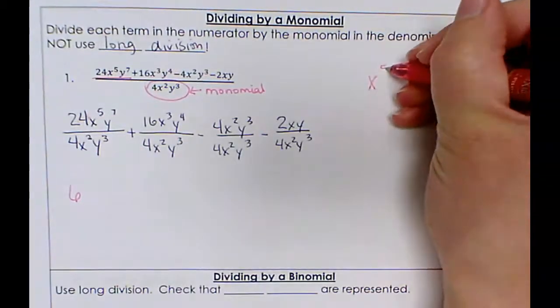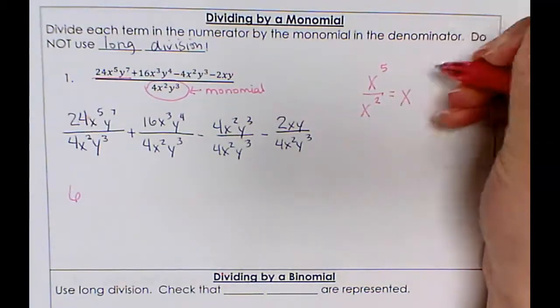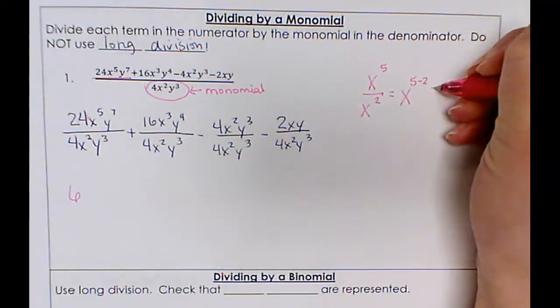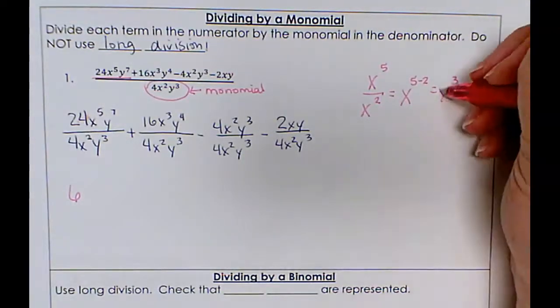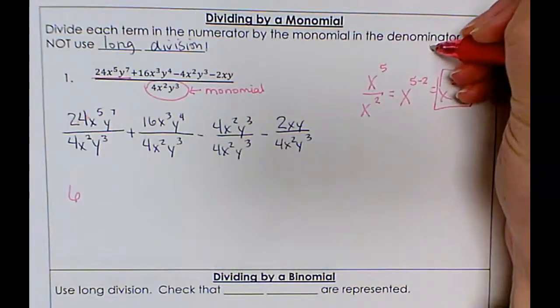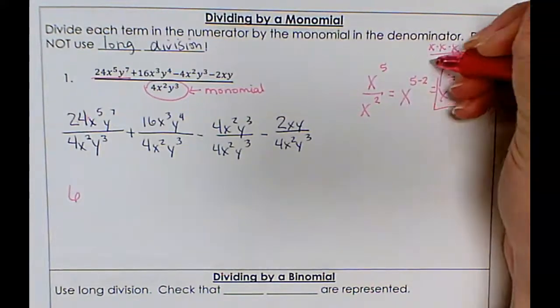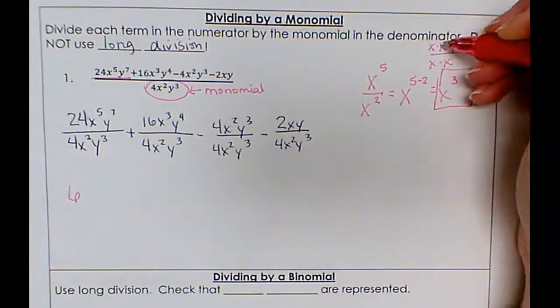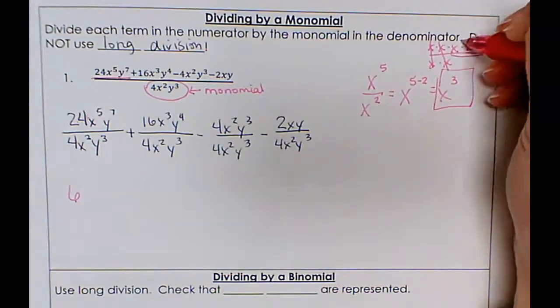When you have x to the power of 5 over x to the power of 2, the way you deal with this is subtraction of the exponents. This is an exponent rule that we learned about earlier in the year. The reason that x to the power of 3 would be my answer when I divide those two is because if I expand it, 5 x's over 2 x's, x and x cancel out, and x and x cancel out, and what's left over is this.